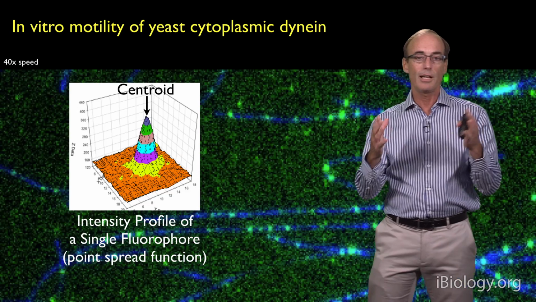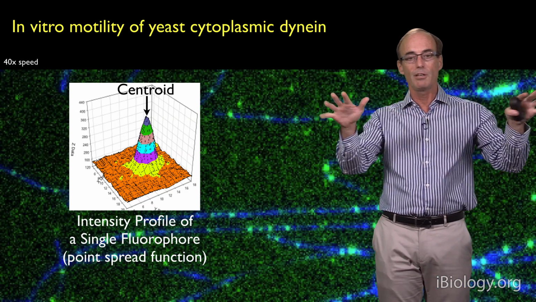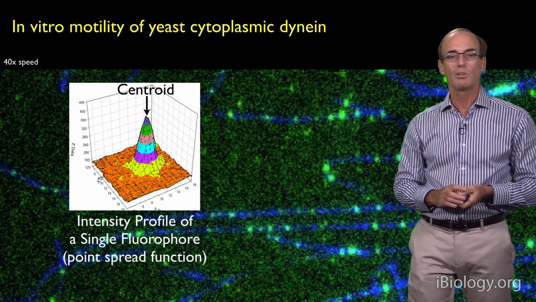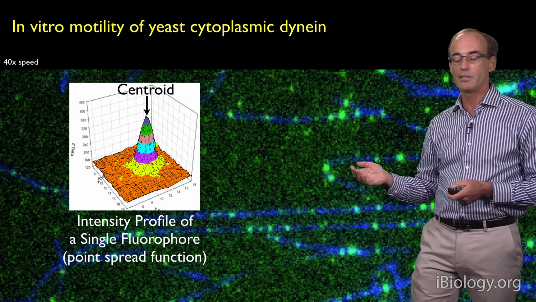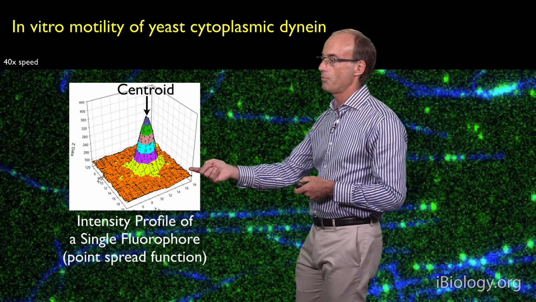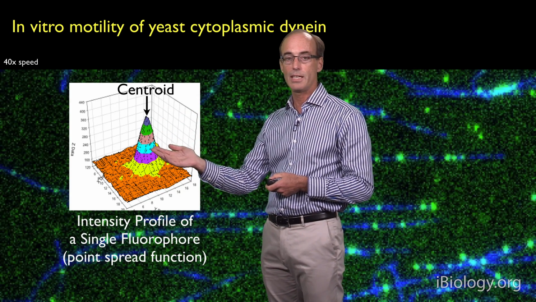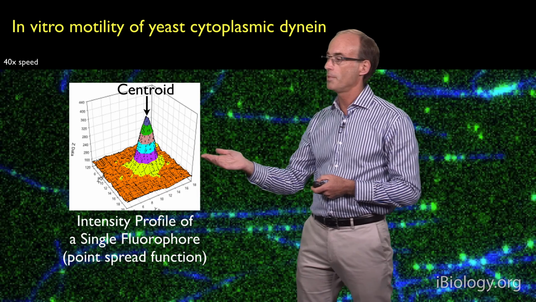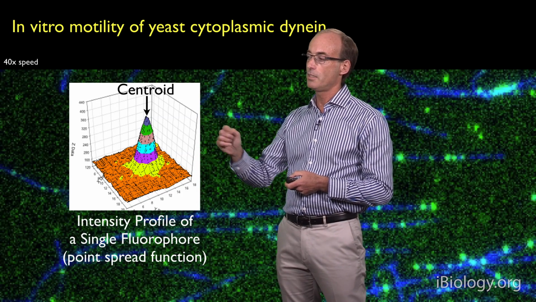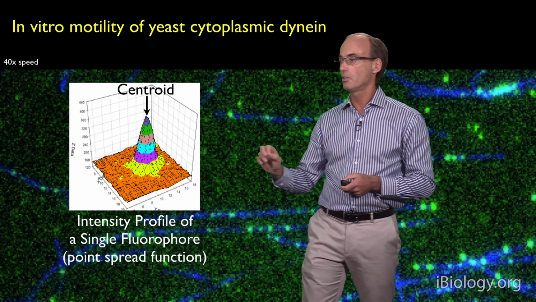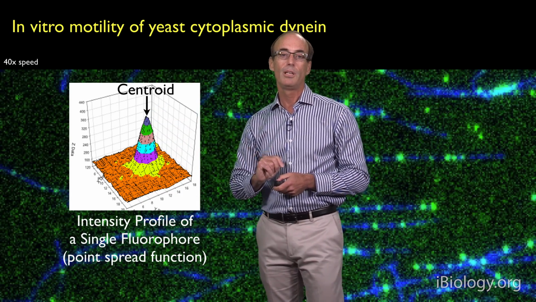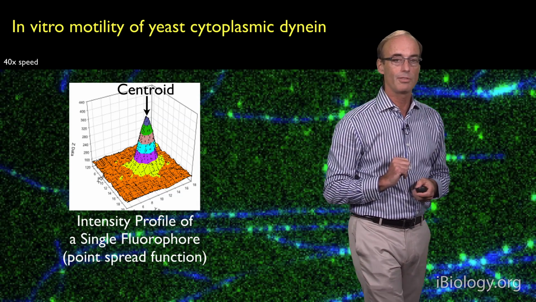So these single fluorophores appear to have a diameter of about 250 nanometers. But if you collect enough photons, you can describe that spread out fluorescence intensity profile, and you can fit that intensity profile with a Gaussian curve. And the center of that Gaussian curve defines the midpoint of where that fluorescent spot is.